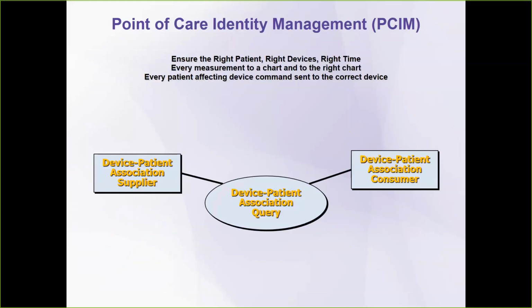Secured identification of a device registrant as a system, a device, or a person that may be allowed to participate in that association. And it identifies a patient registration system as a system with the correct patient content that may participate in these associations.